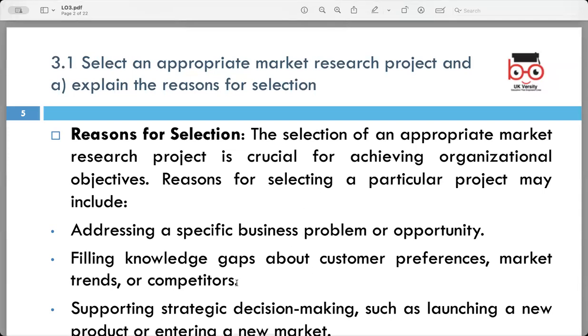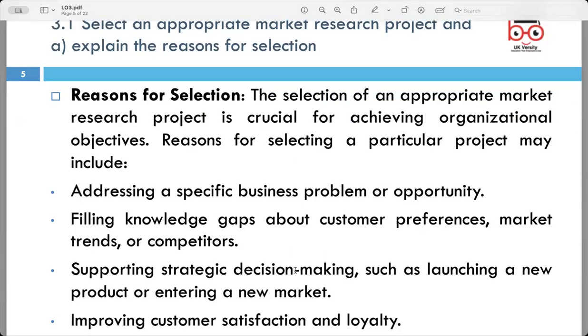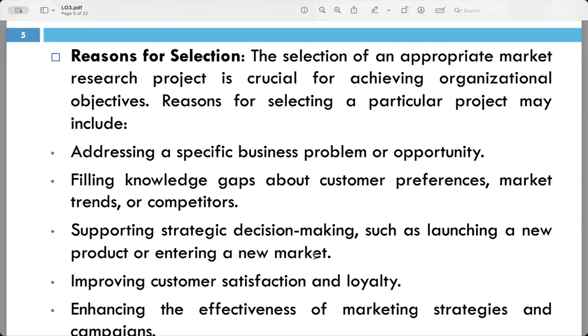Filling knowledge gaps about customer preferences, market trends, or competitors. Market research is also selected to fill knowledge gaps about customer preferences, market trends, or competitors. Organizations often lack comprehensive understanding in these areas, which can hinder their ability to make informed decisions.